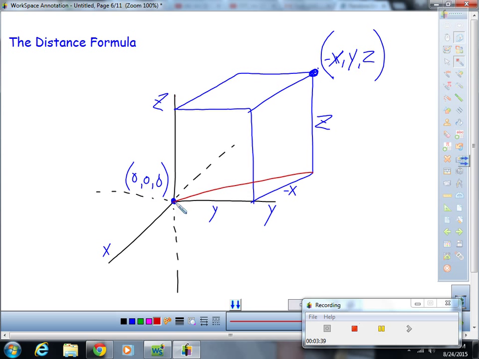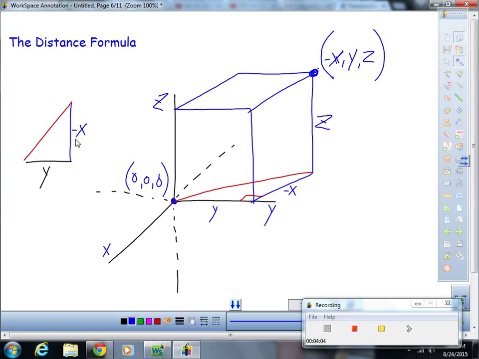Remember, this is a box, so that is a right angle. So if you were looking from above, that triangle would look like this. Okay? And this length would be y. This blue would have x as a length, but minus x as a coordinate.